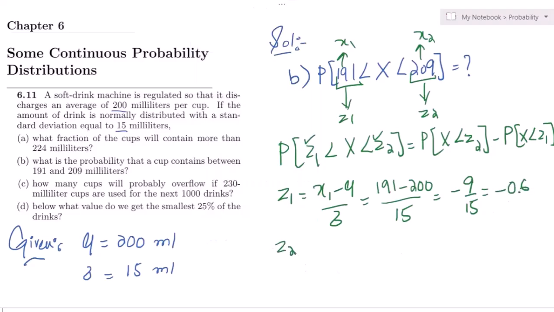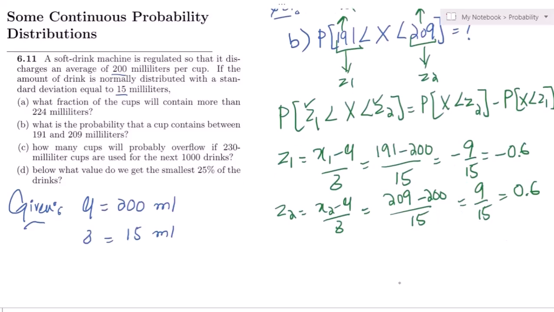The value of z2 is x2 minus mu divided by sigma. The value of x2 is 209, so 209 minus 200 divided by 15 is again 9 by 15, and this is plus 0.6.